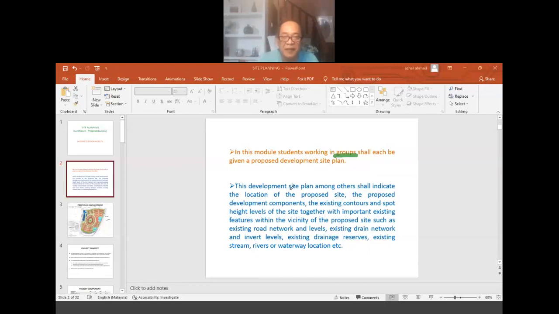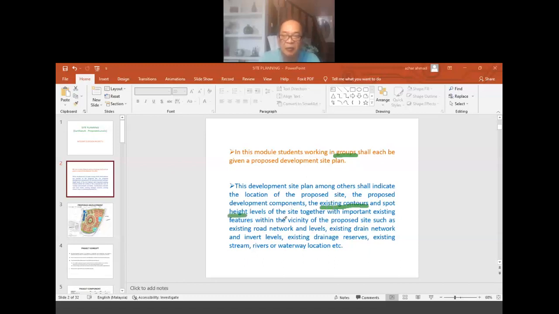The development plan given, among others, shall indicate the location of the proposed site, the proposed development components, the existing contours, and spot height levels. These are important features that you need to take note of.